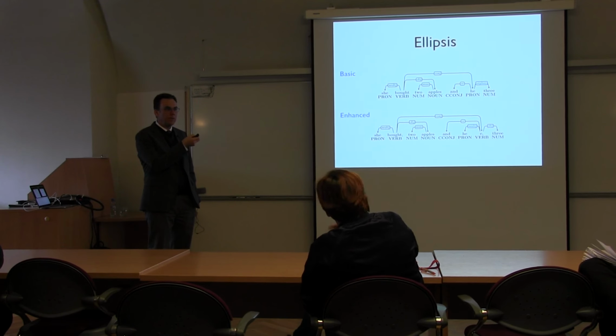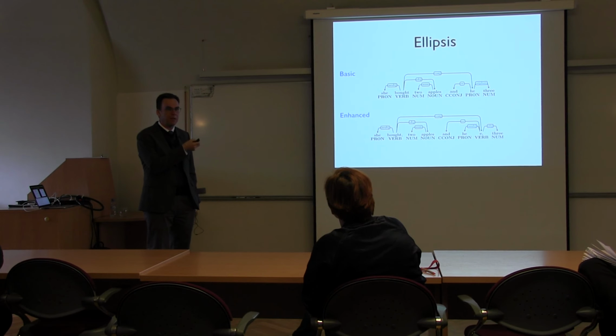Now, as I said, that was the official guideline in the first version, but people were in general unhappy about it, for a couple of reasons. One is that it tends to create very non-projective structures, so you easily get lots of crossing links. You may or may not think that's a problem, but it's a fact.